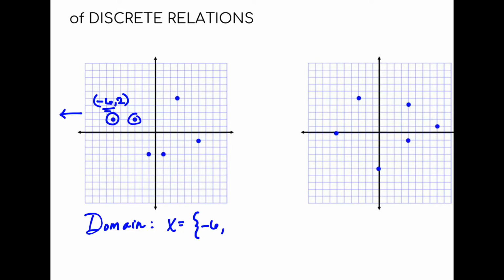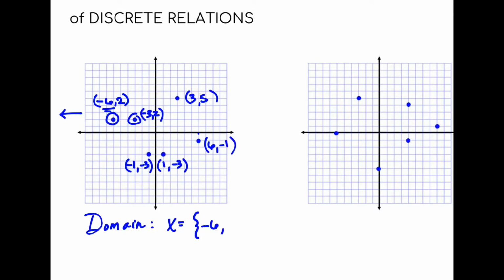This point right here is -3, 2. I'm going to keep listing these points in order. So this one is -1, -3, +1, -3. Up here I have 3, 1, 2, 3, 4, 5 on the y-axis. And finally I have 4, 5, 6, -1.